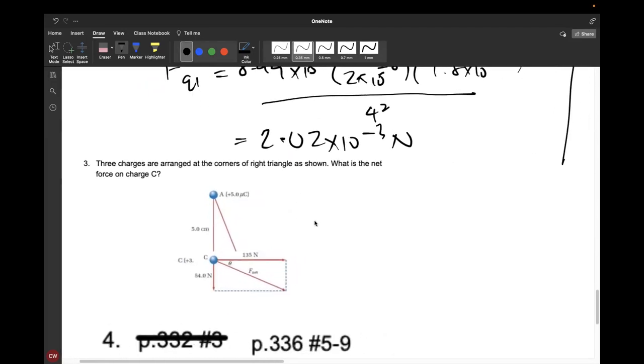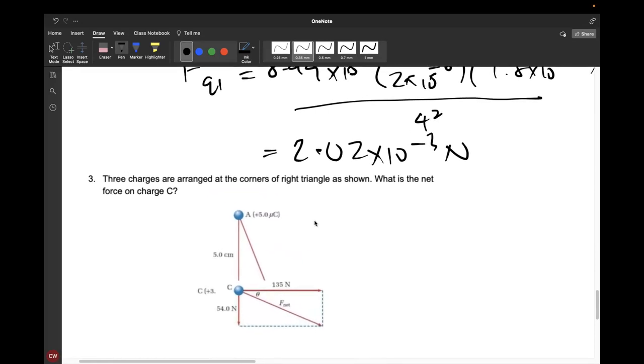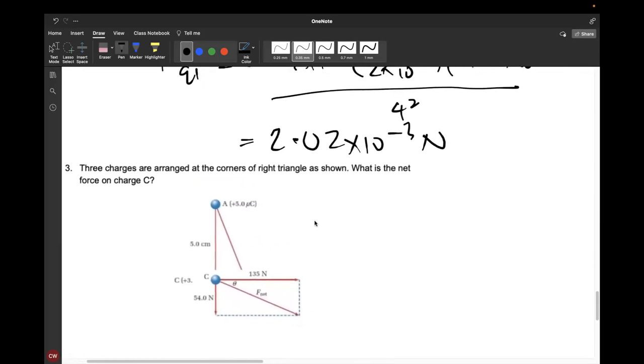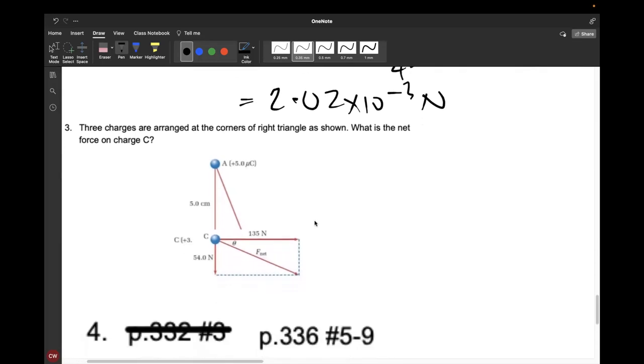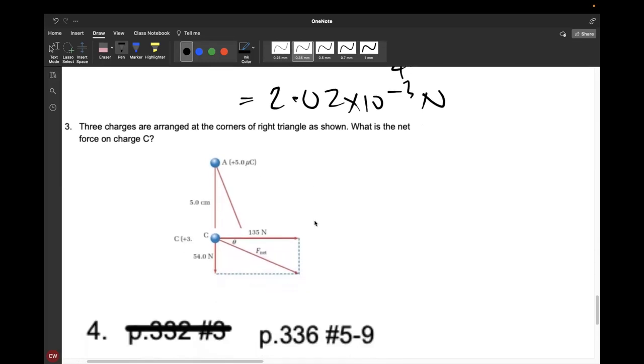Net force on C. Three charges are arranged at the corner of the right angle triangle.